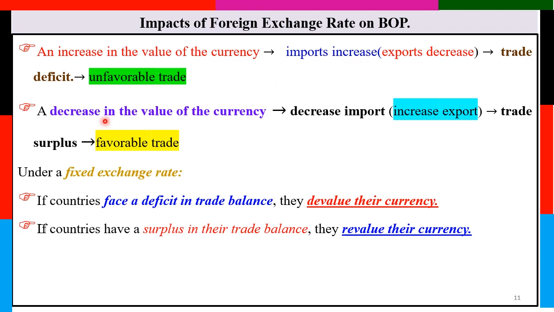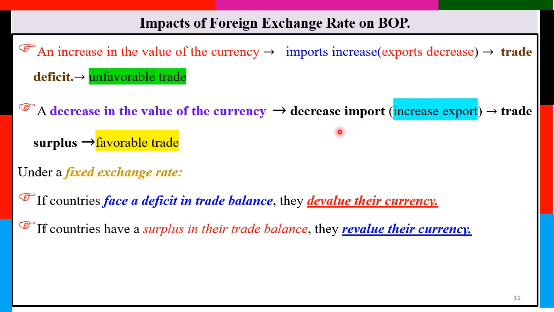The second one: a decrease in the value of the currency causes imports to decrease, and exports are increasing. This causes a trade surplus, a favorable trade balance. Decreasing the value of the currency means the domestic product has become cheaper for foreigners.